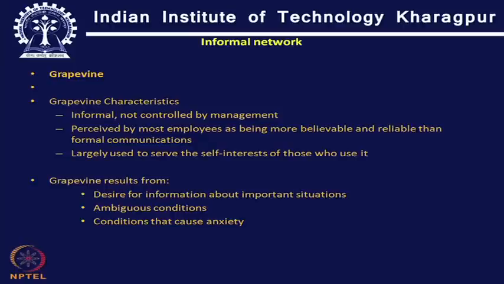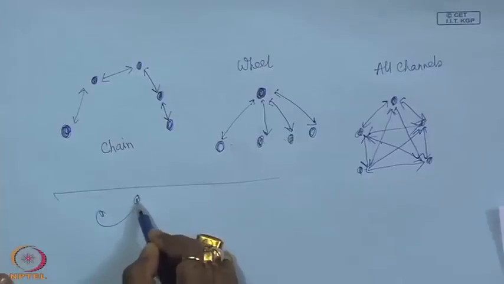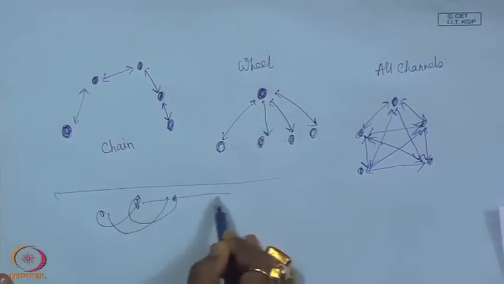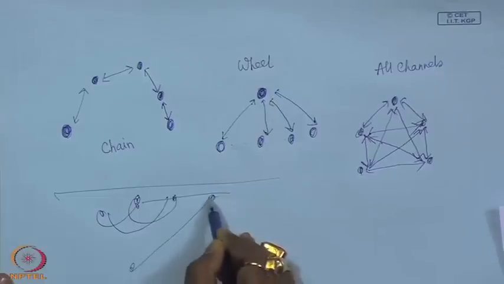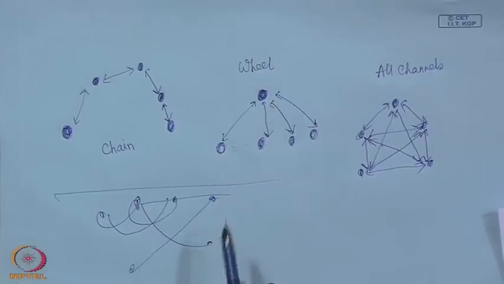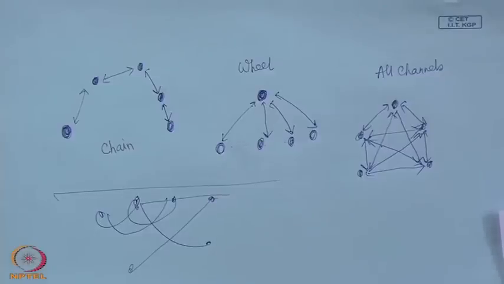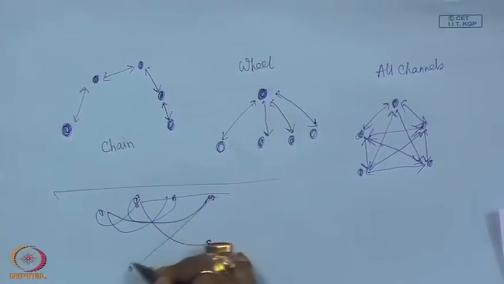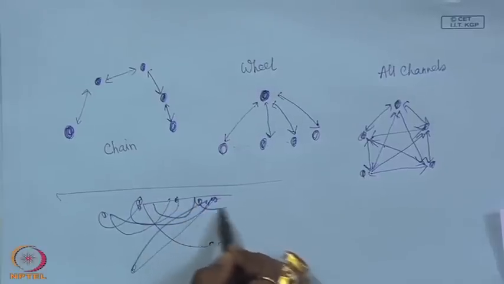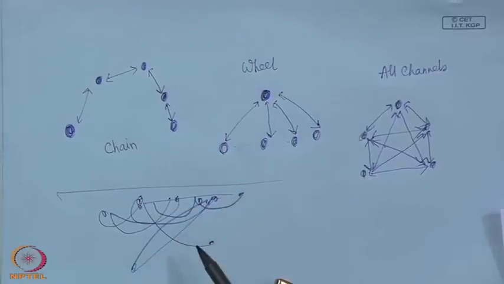Grapevine looks like this, sort of like one goes to another, the other comes, and every person is trying to communicate with the other person in this way, and everybody can communicate with everybody. So when it goes in this way, these are like telegraph wires.